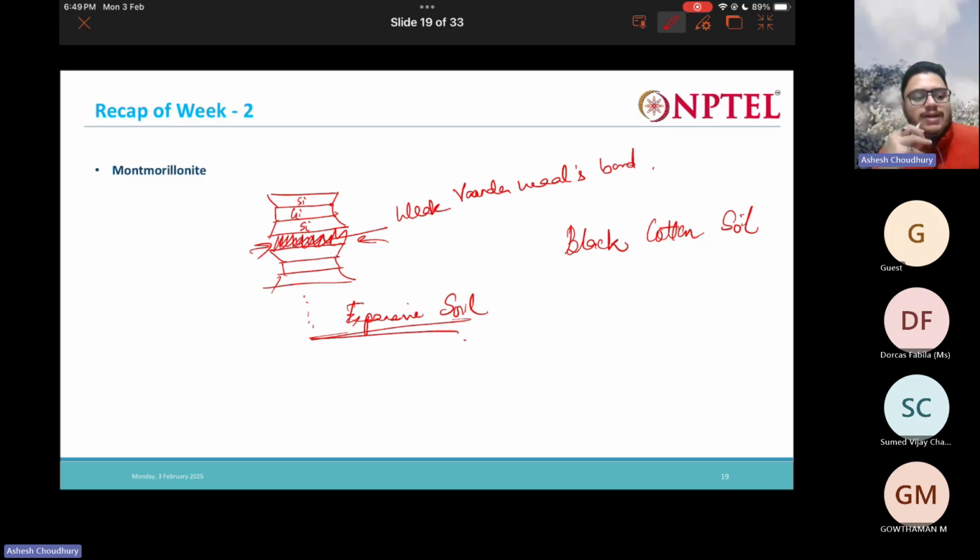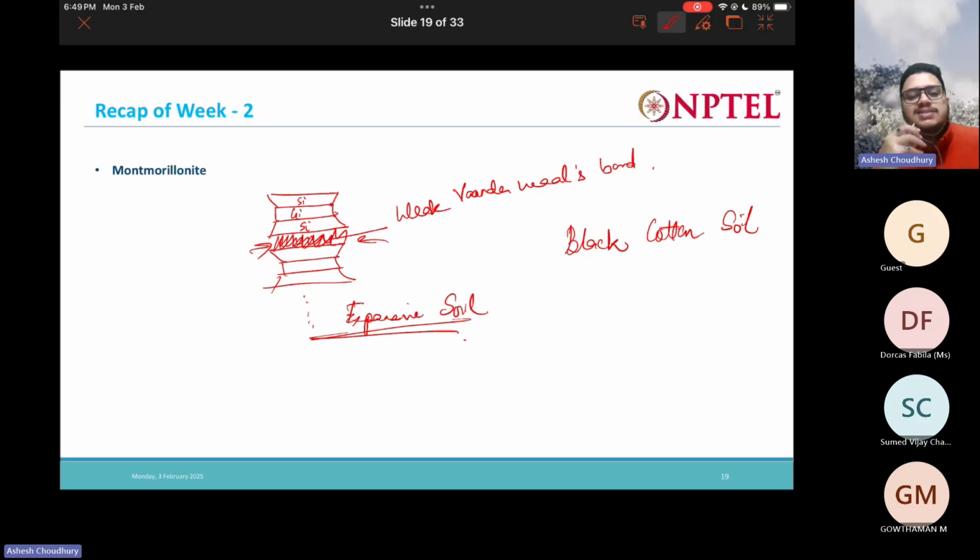So I heard of a project, a railway project. So a railway track was to be constructed somewhere. So what happened, they encountered black cotton soil in that place over a stretch of land.